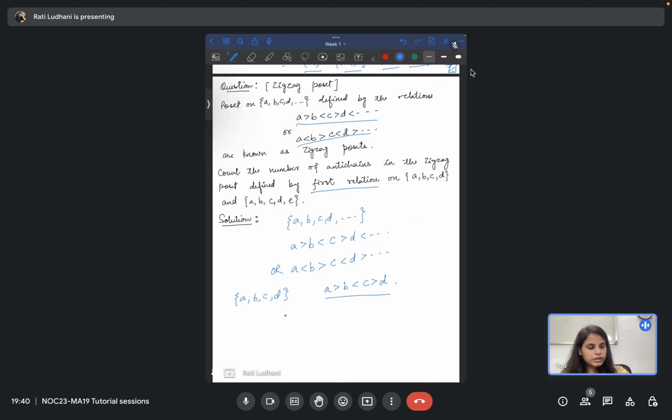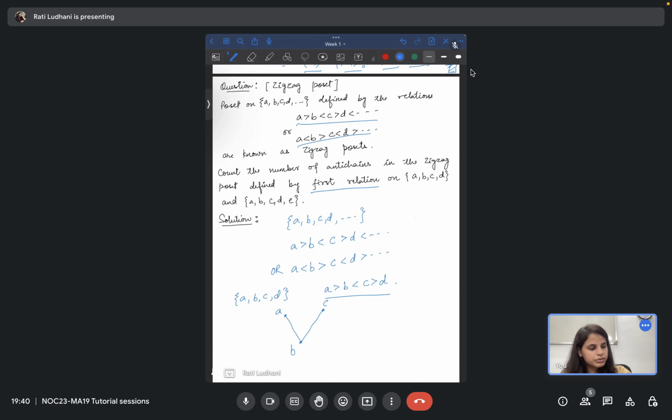So you have A on the upper side, and then you take B. Now C should be on the upper side again, and there is nothing in between, because we have given only these relations.